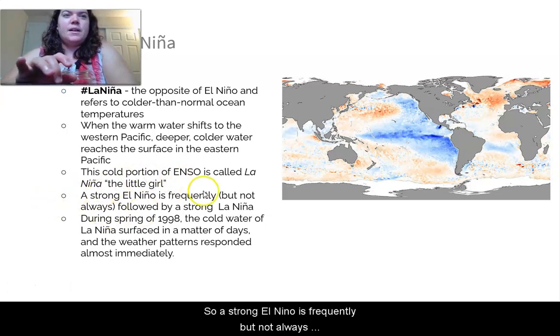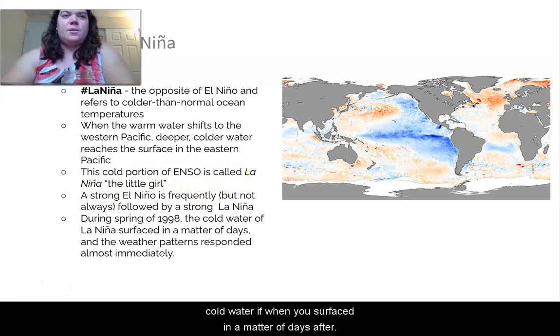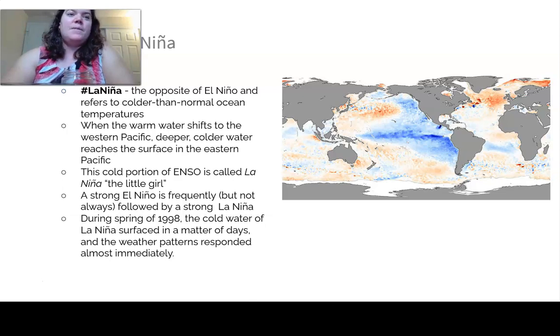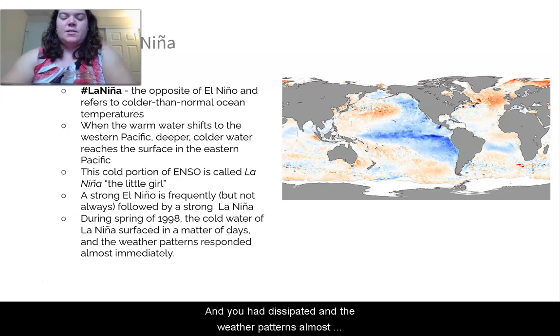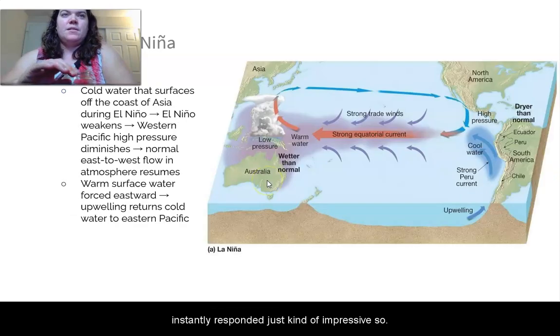So a strong El Nino is frequently, but not always, followed by a strong La Niña. During the spring of 1998, the cold water of La Niña surfaced in a matter of days after the El Nino had dissipated, and the weather patterns almost instantly responded, which is kind of impressive.